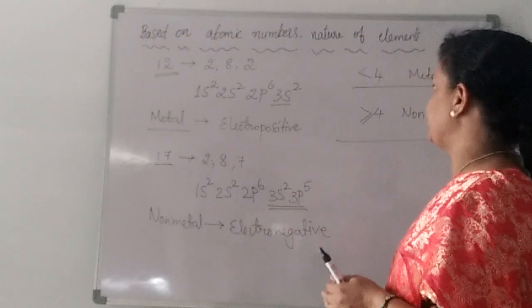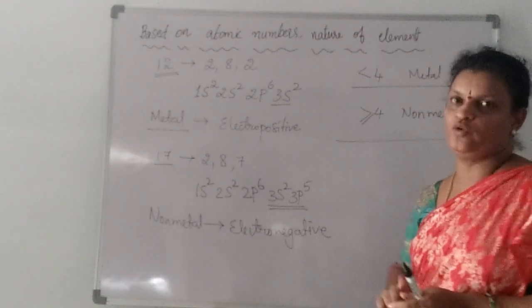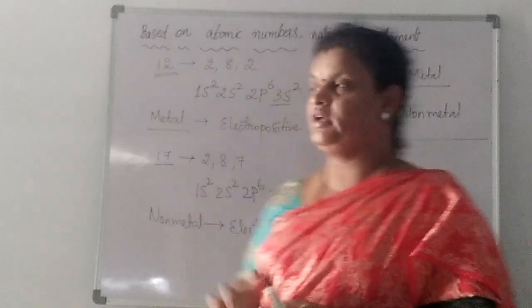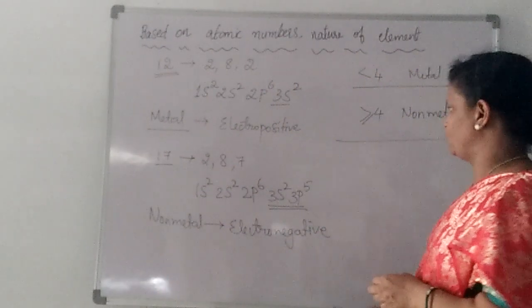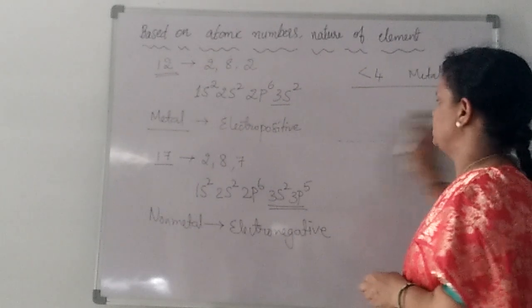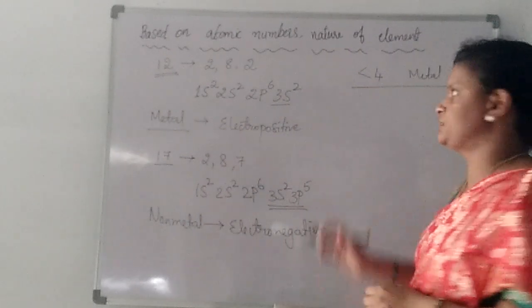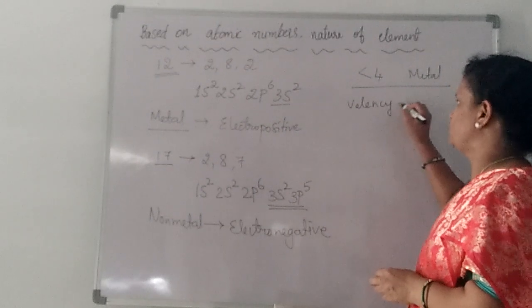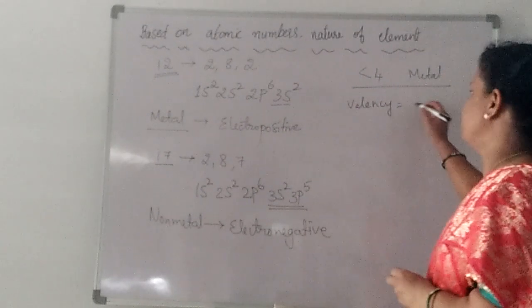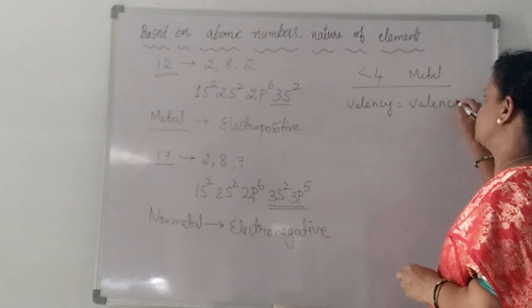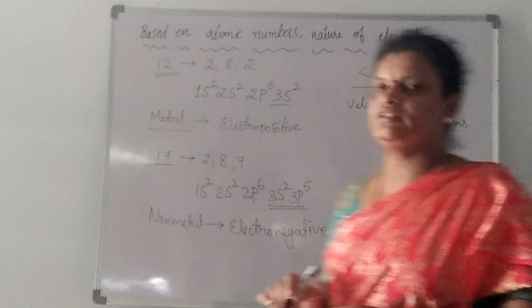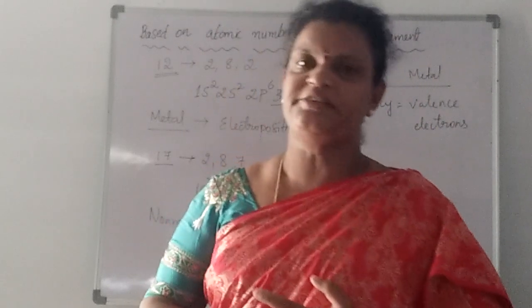Now the same thing we'll take here. If it is less than 4, meaning the last shell number of electrons is less than 4, valency is equal to, here itself I'll write, valence electrons. What is the meaning of valence electrons? Electrons present in the valence shell.